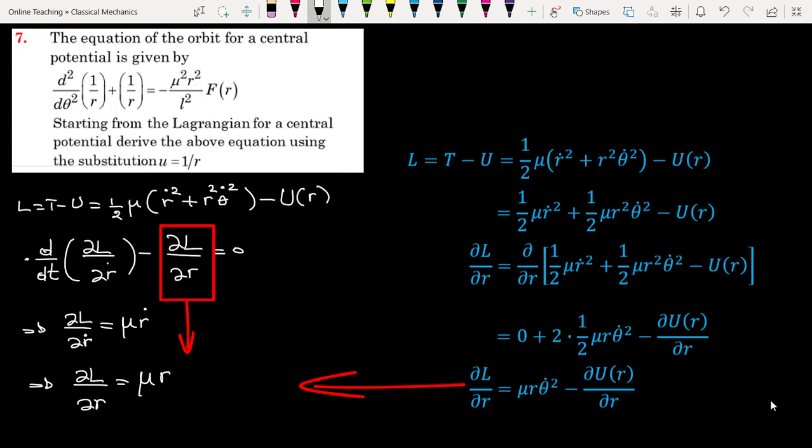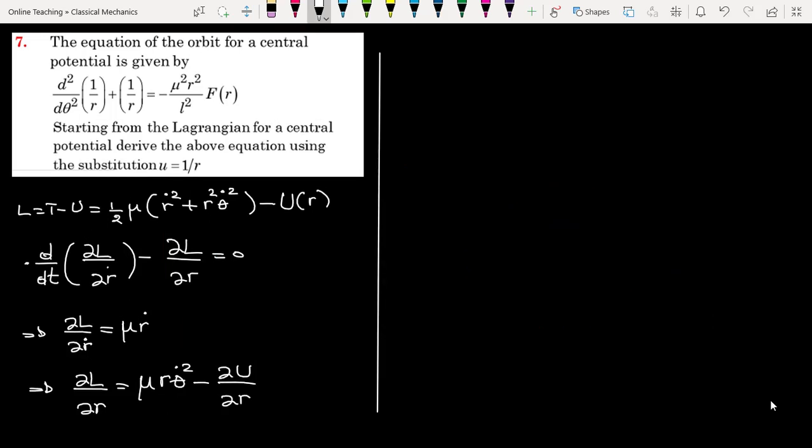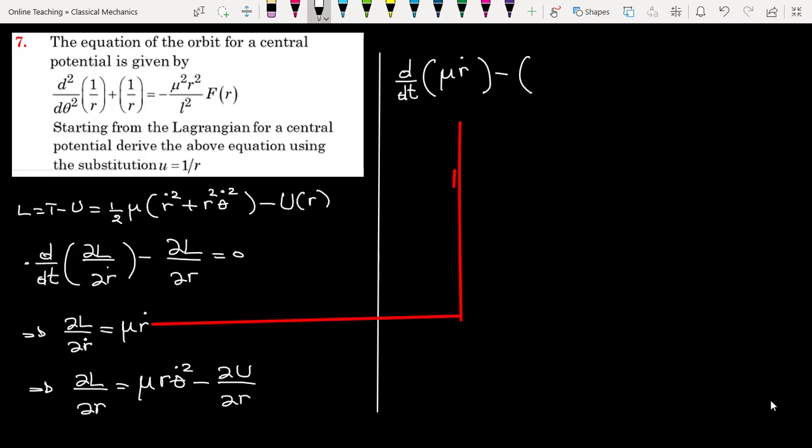And then I insert the results into the Lagrange equation of motion. Here I insert the results of the partial derivatives into the Lagrange equation of motion.